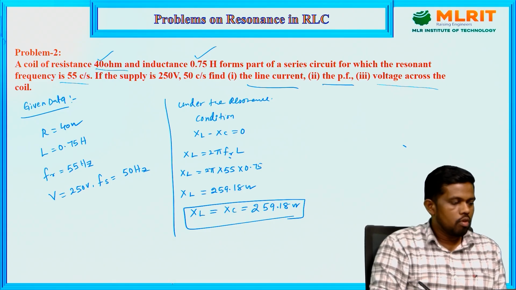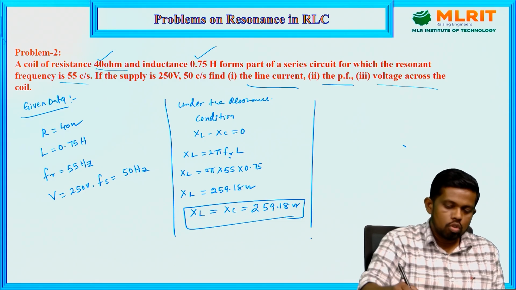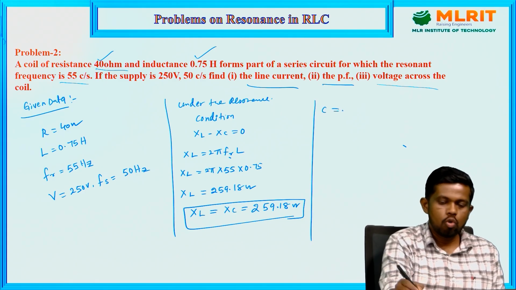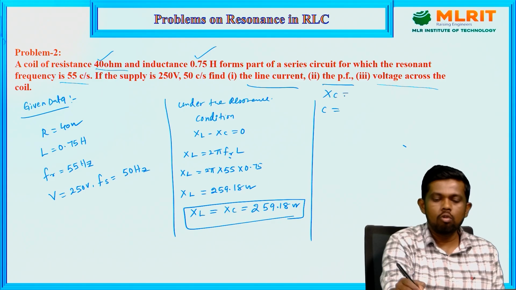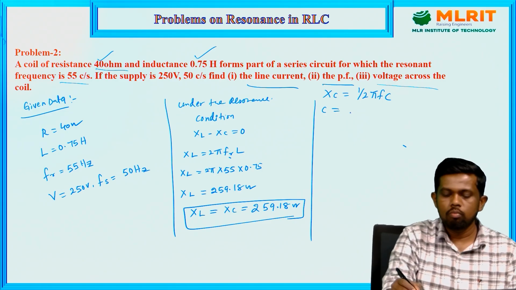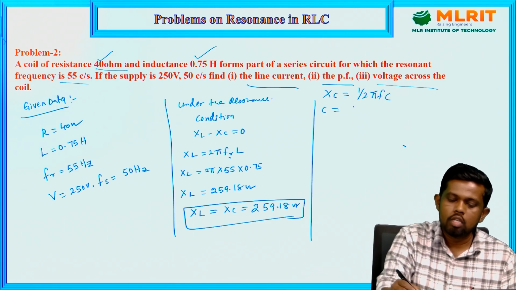Based on this, we need to find the capacitance of the network. So C equal to, we know that XC equal to 1 by 2 pi FC. Then C equal to 1 by 2 pi into XC into FR.